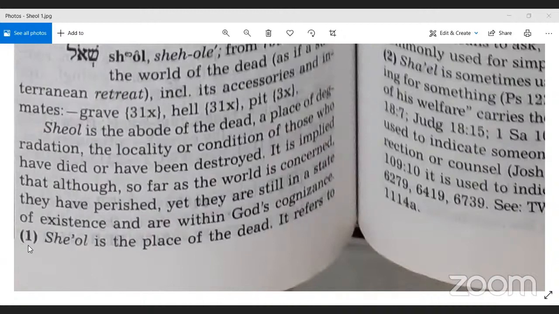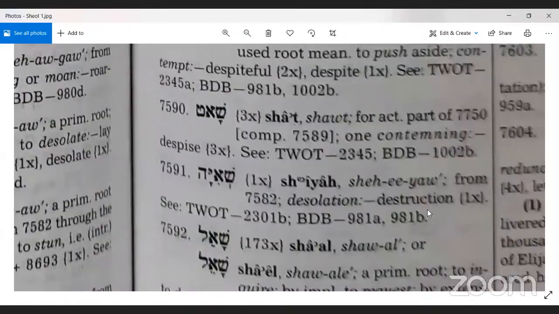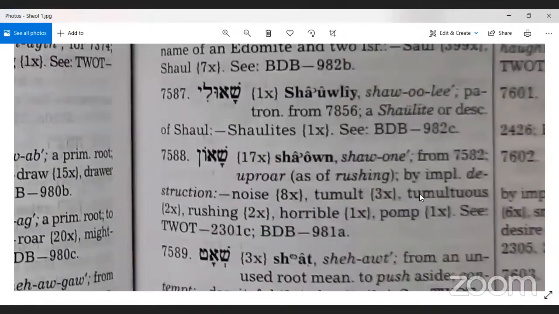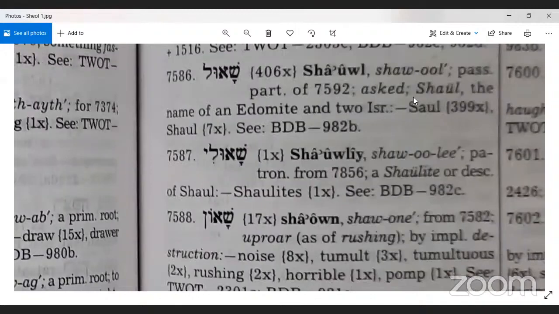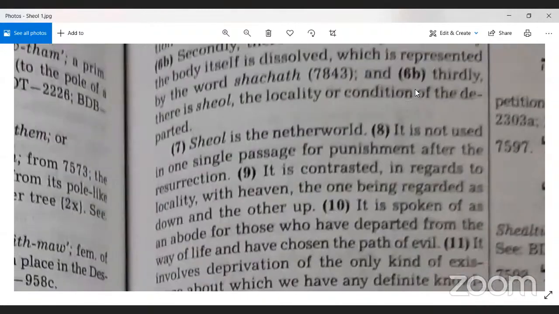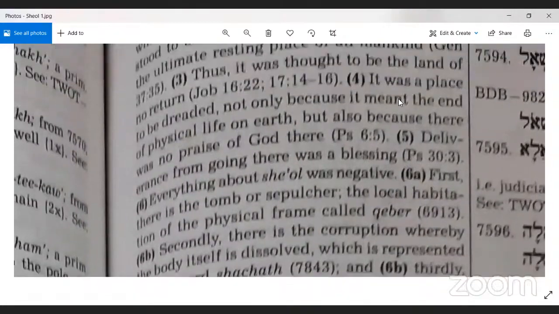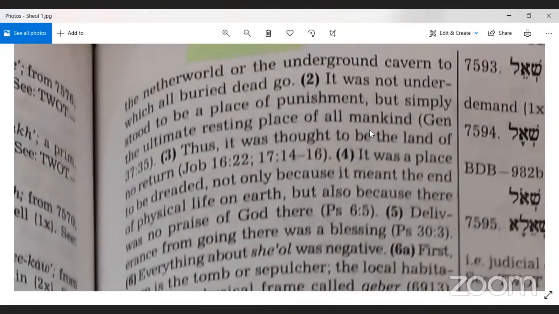Number one, Sheol is the place of the dead. It refers to the netherworld, or the underground cavern to which all buried dead go.